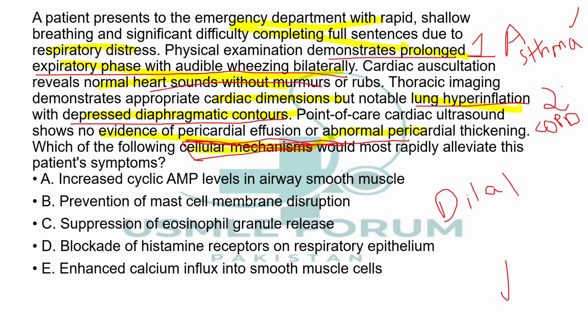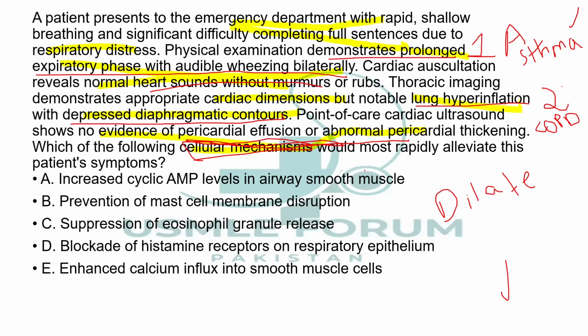What is the first thing that we give in asthmatic patients, right? We give them a bronchodilator. So the mechanism of bronchodilators that you have to remember is that they act on beta 2 adrenergic receptors. Bronchodilators are basically beta 2 adrenergic agonists, such as albuterol, which is the most common one.